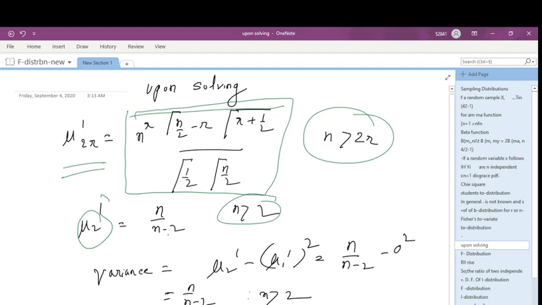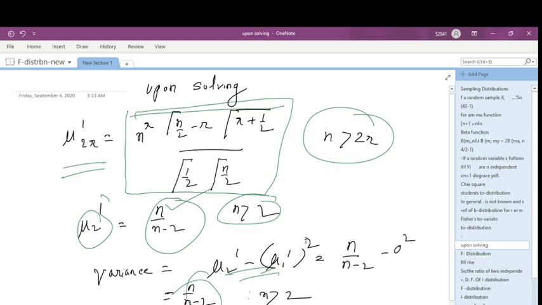If n is less than 2 it becomes negative, and for n equal to 2 it becomes infinite, so it is not derivable. So it has to be more than 2, and the variance is the same formula. So the mean is 0 and the variance is n by n minus 2.